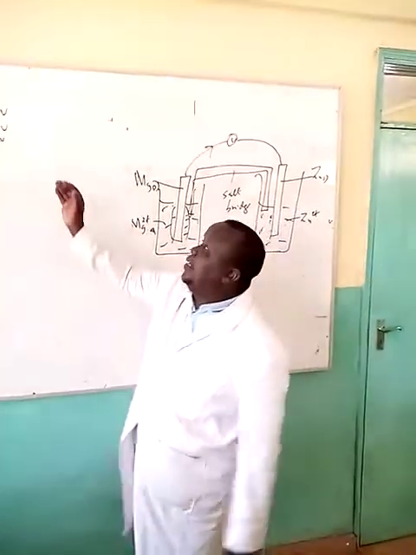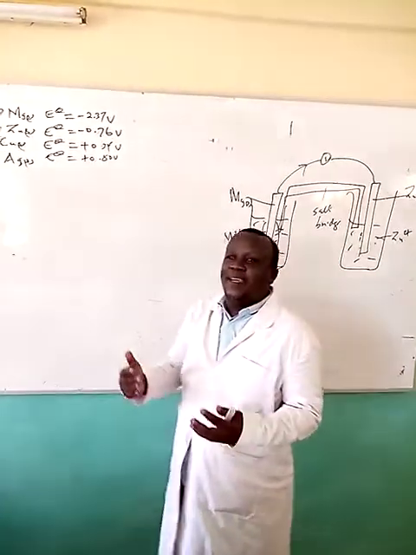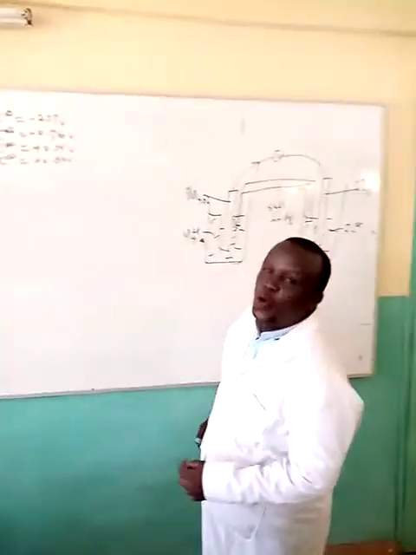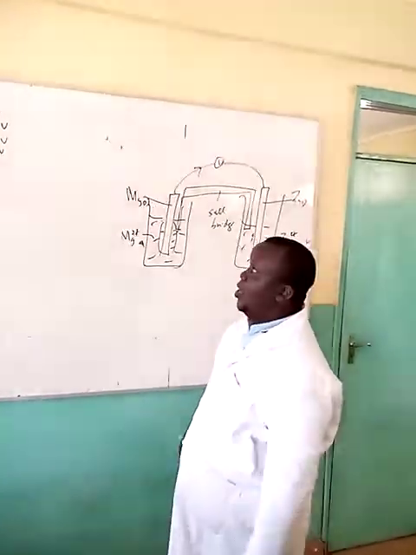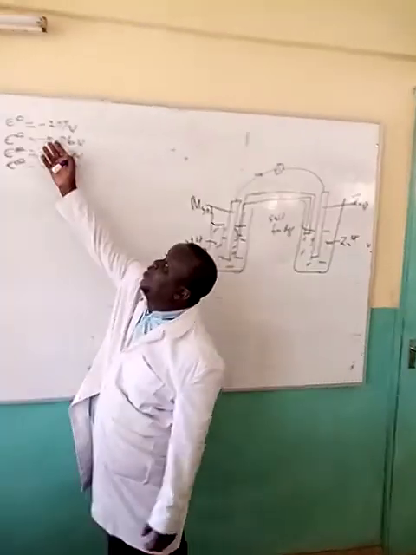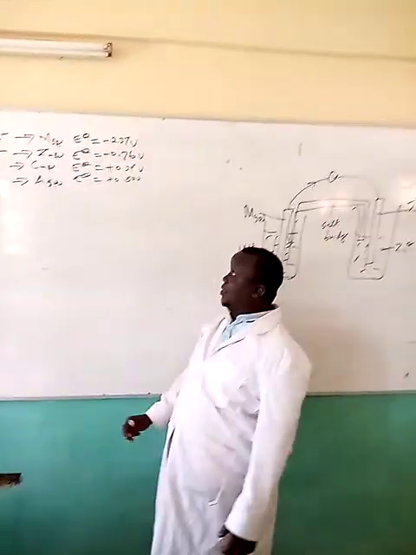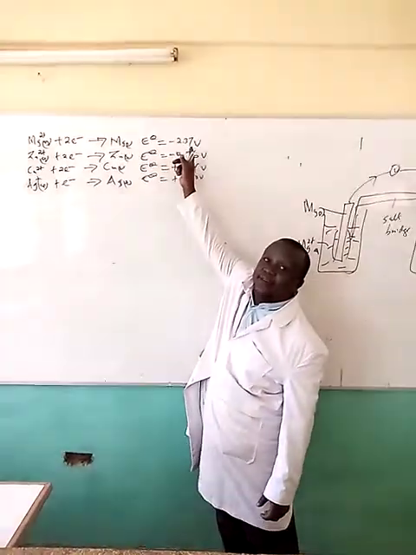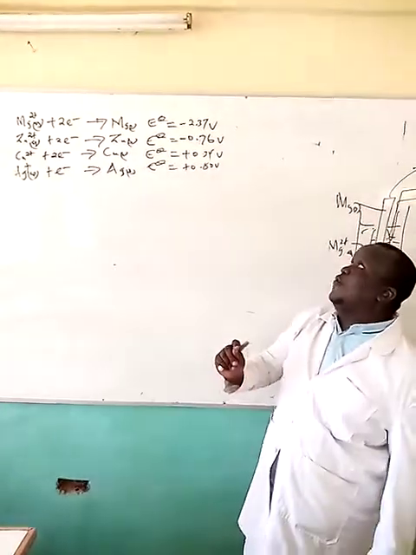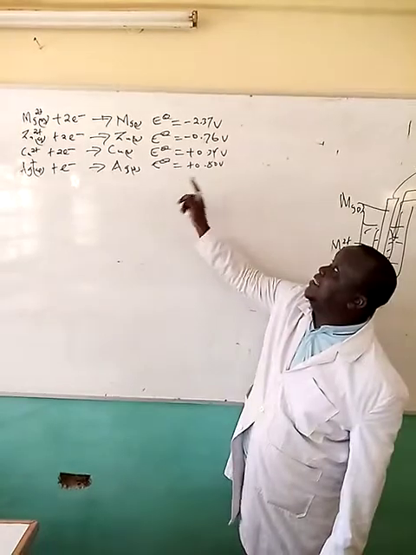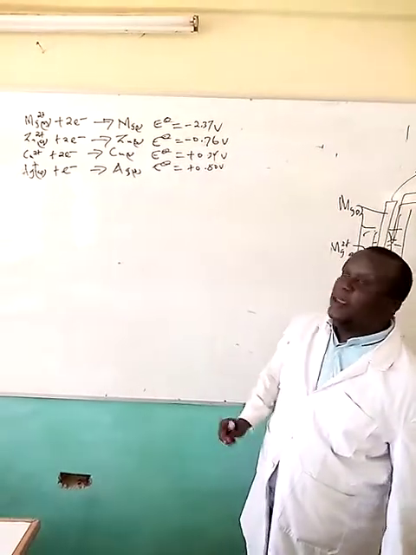You can use the values to determine which half cell will undergo oxidation and which will undergo reduction. If you look at the values of magnesium and zinc, magnesium is more negative compared to zinc. Magnesium is negative 2.34 volts, while zinc is negative 0.76.